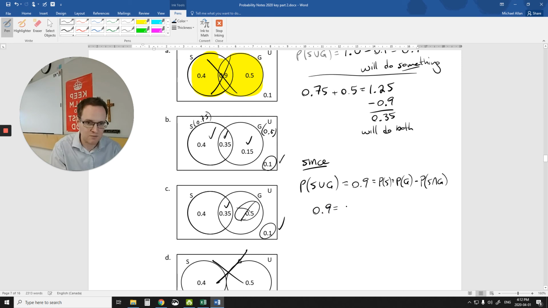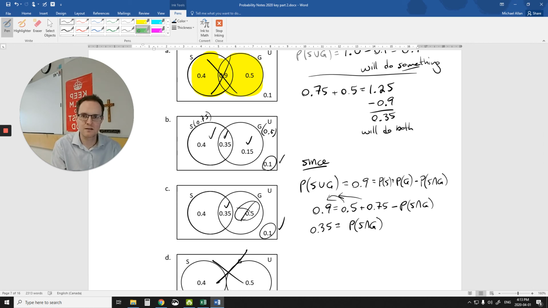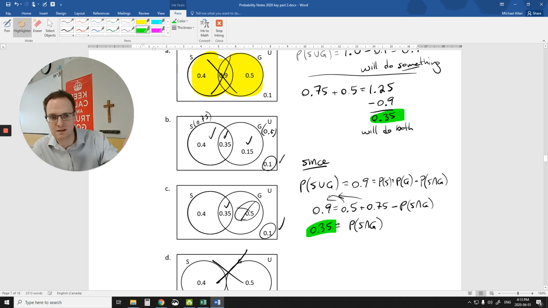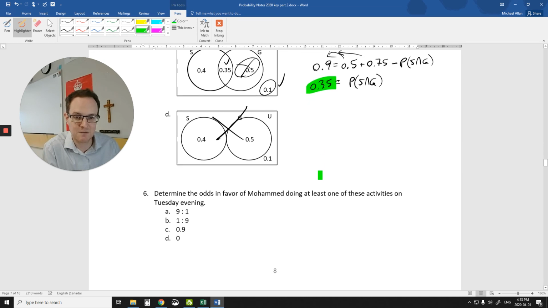We have probability of one of them happening is 0.5, and the other one's 0.75. I'm going to minus S intersect G here. I'm going to rearrange this formula, just subtract these two pieces over to the other side. And I'm going to get 0.35 is equal to S intersect G. Exactly what we had before. You can see that this and this are both the exact same. So when we did our Venn diagrams, we did what's on the top there. But now we have a formula that could actually help us solve these as well. They end up being the same.